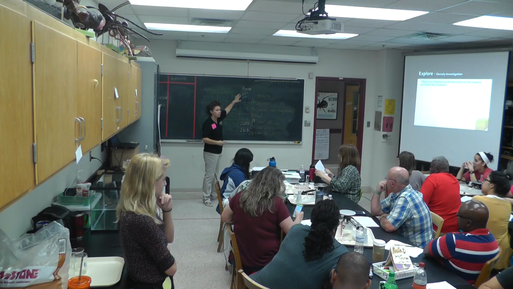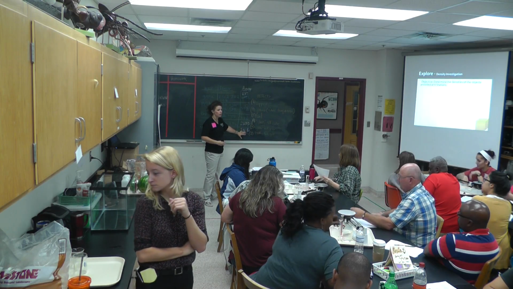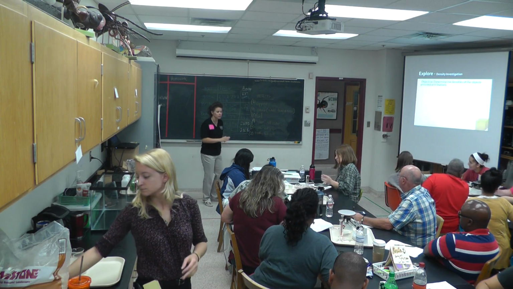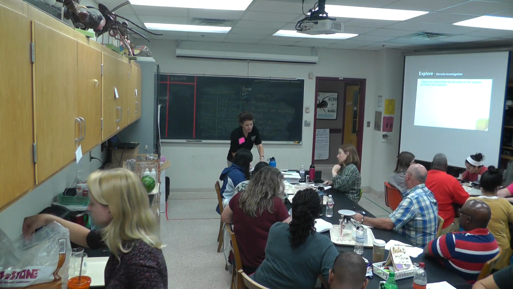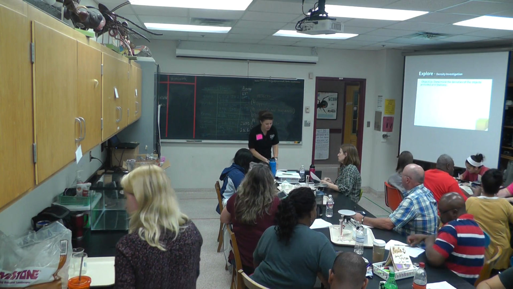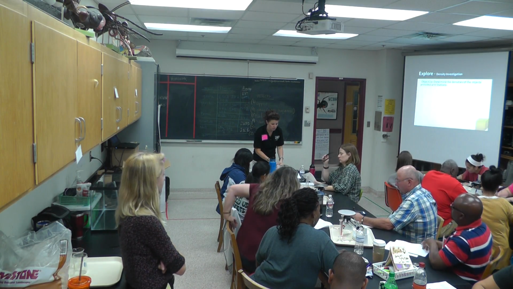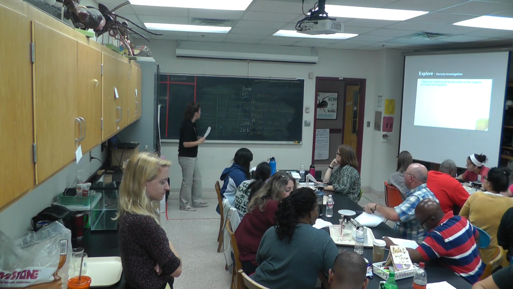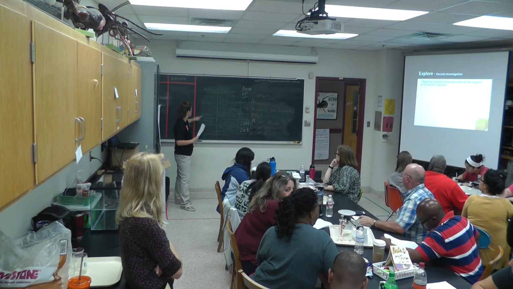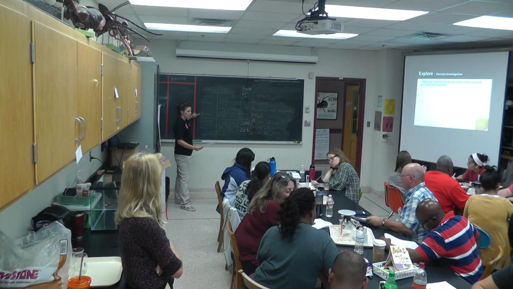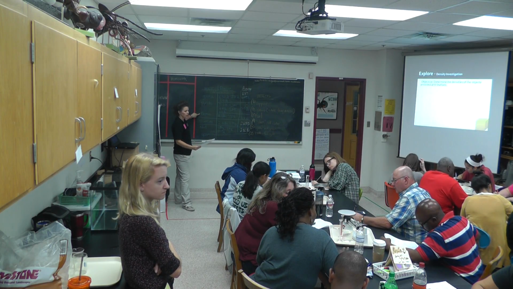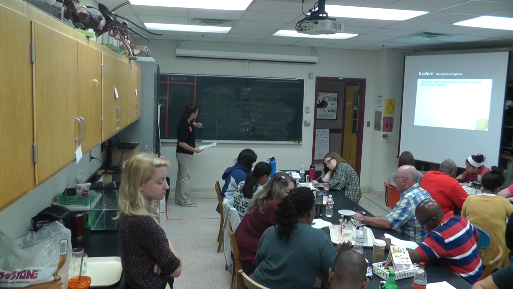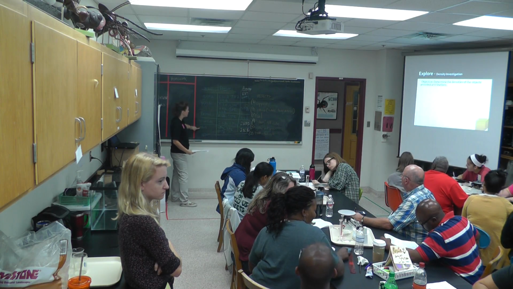If you don't have them, use this as the value that you did not obtain for yourself. And we're going to use that data to answer the questions on the next page. The object with the greatest density was the brass. The object that is the least dense, the nail.